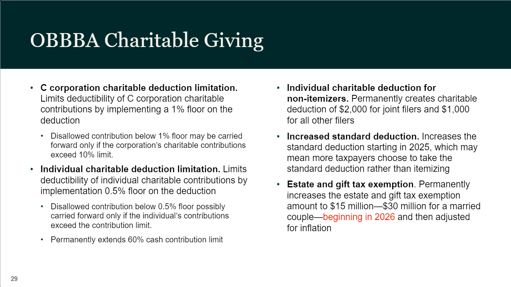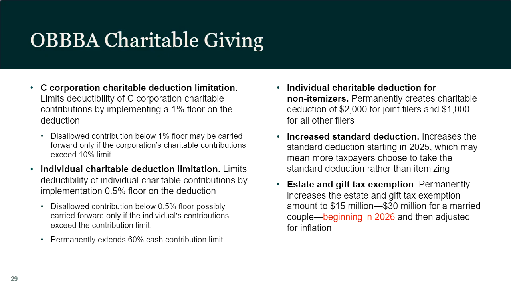Charitable giving. This is also something that's impacting not-for-profit organizations, but in a slightly different way. From a C corporation perspective, there is now a 1% floor on the charitable contribution deduction. There was always a 10% limit, so a corporation could only give up to 10% of its taxable income, but now there's a 1% floor in addition to that.